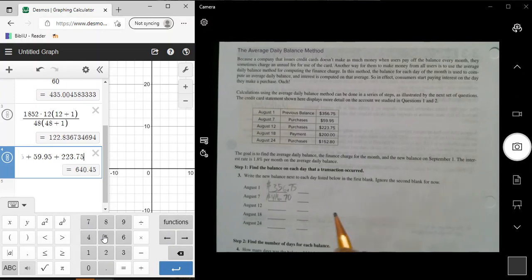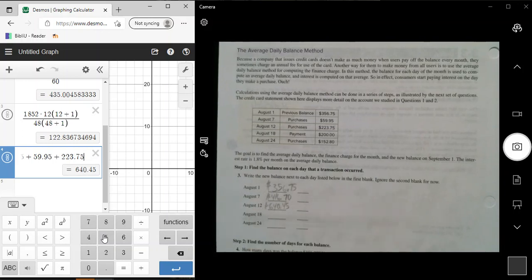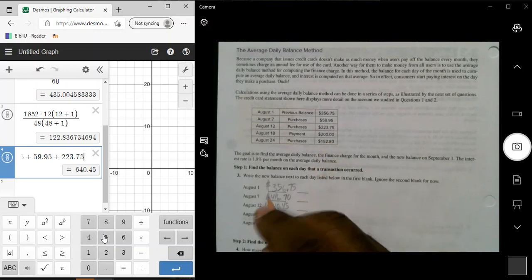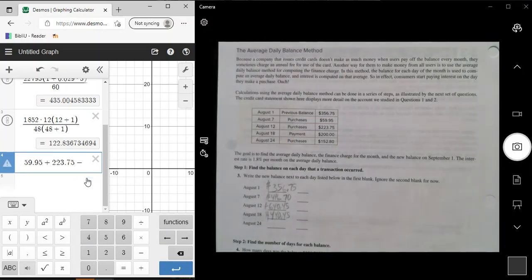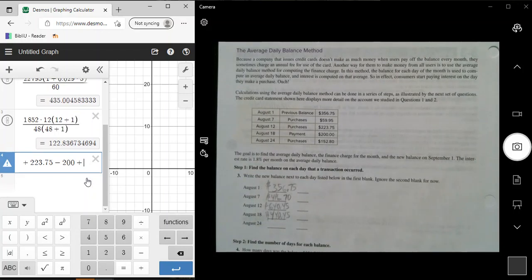So now, this balance will be $640.45. Now, a $200 payment was made, so we'll subtract that off, and that will give us $440.45. Then last but not least, on the 24th, we made a purchase of $152.80. So first, let me subtract the 200, and then add the 152.80.